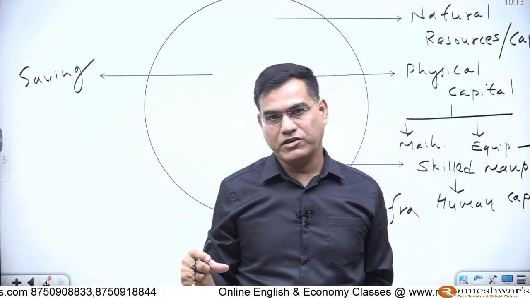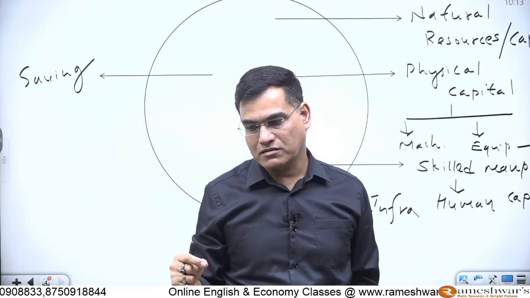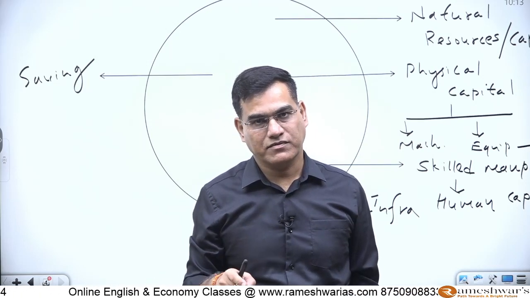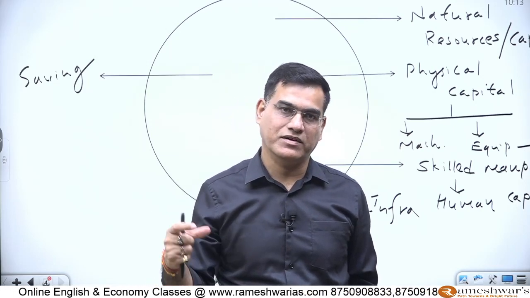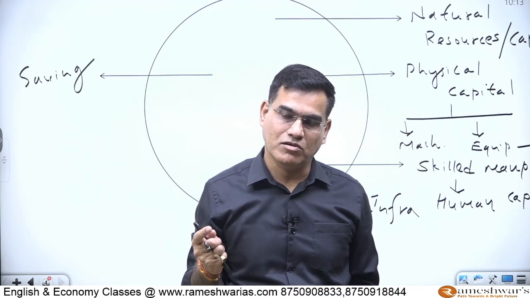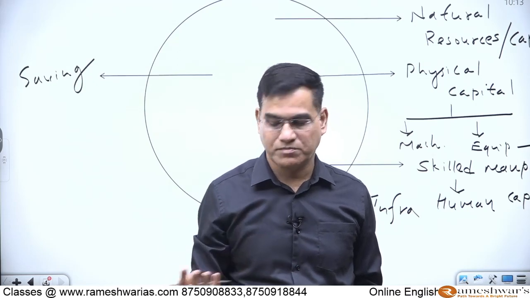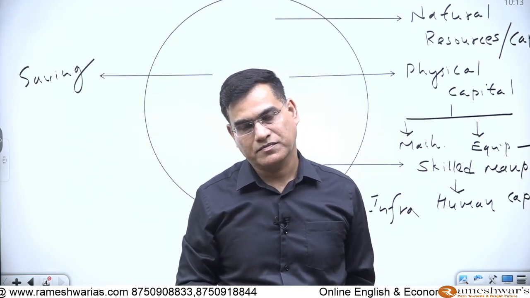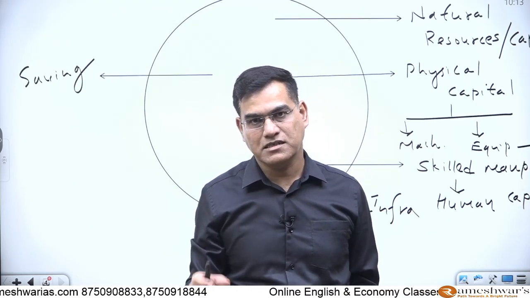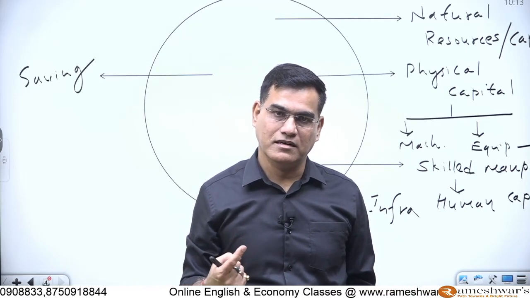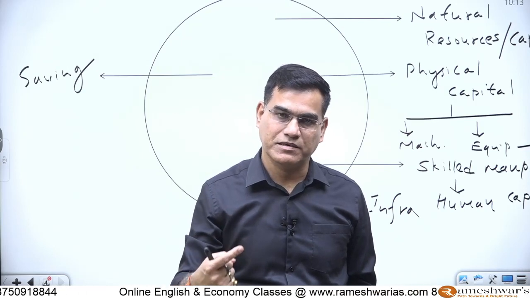So whatever you are producing currently, if you are consuming the whole production, then you will not be left with any savings. You can take the example that a farmer is producing and using all the production in consumption, and he is not saving seeds for the next crop, then how will you get the next crop? So saving is essential for the creation of capital, or you may say capital formation.